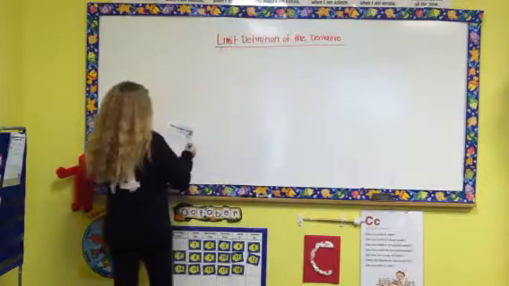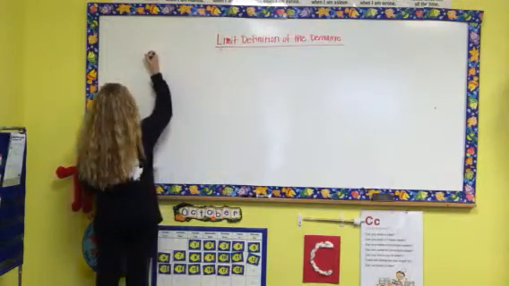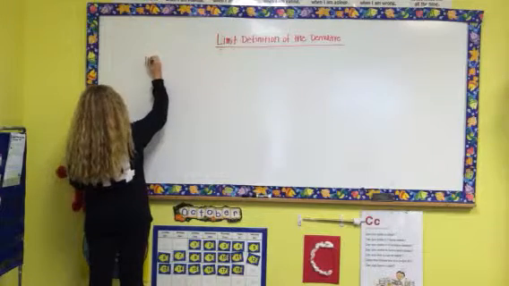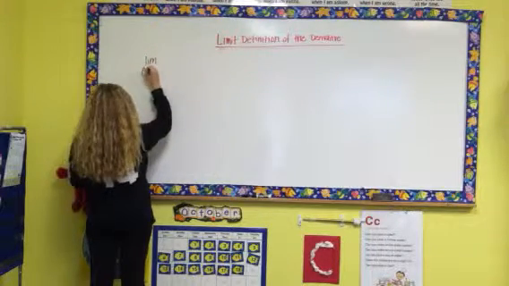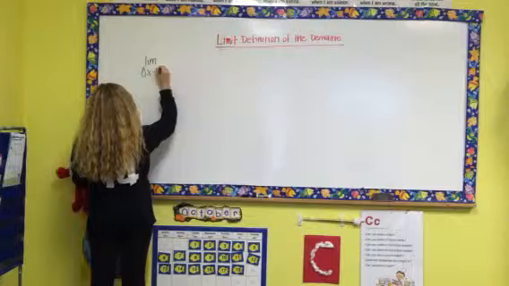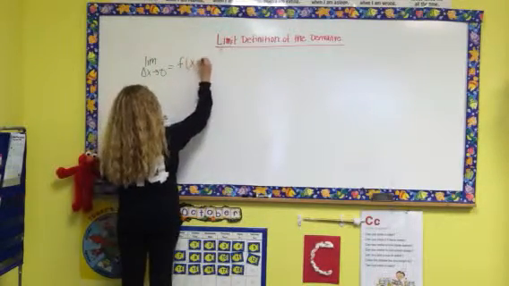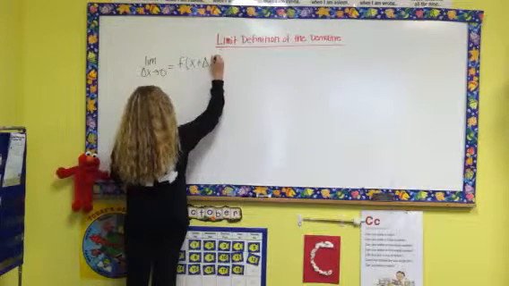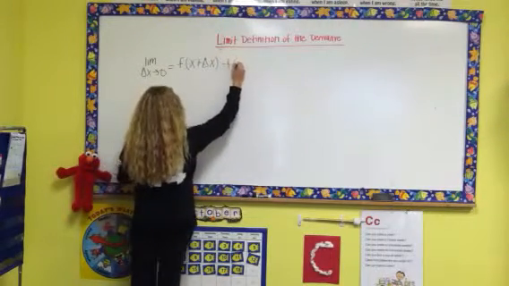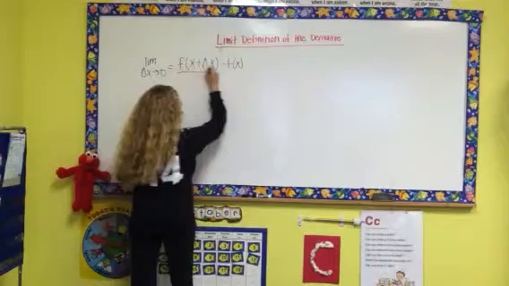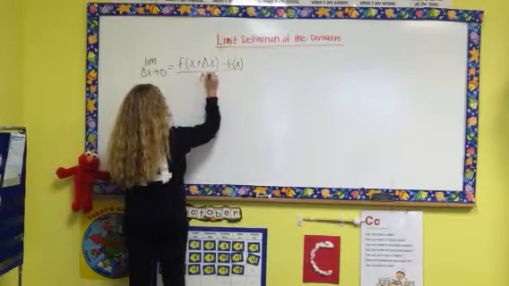First, we need to know the formula, which is the limit as delta x approaches 0 is equal to f of x plus delta x minus f of x all over delta x.